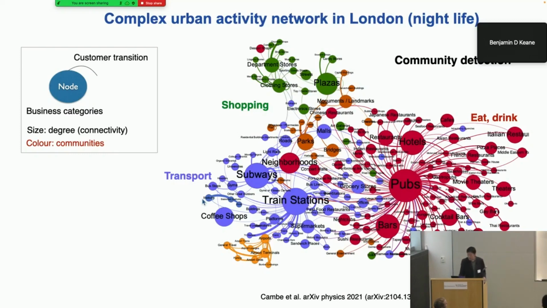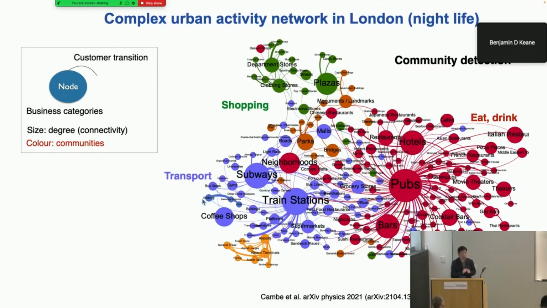What I found extremely interesting is that pubs are larger than stations. In defense of the Londoners, this is the nightlife, like 6 p.m. to 12 a.m., not the day life. But I'm sure if we did this in Tokyo, you would see a big station, right? That's the Japanese city.